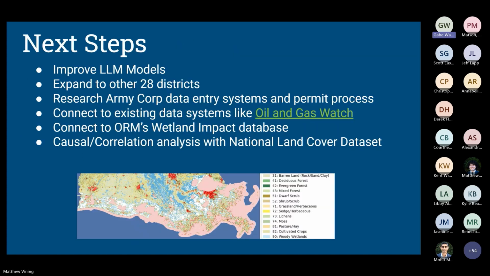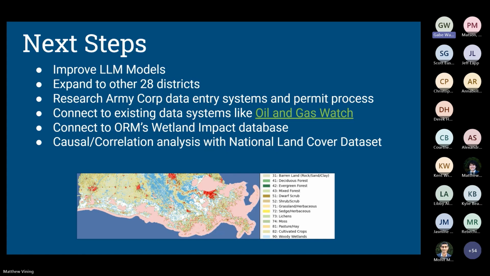So the scope of this project was definitely tailored down to use our resources to focus on those 4 districts in the Gulf area, as well as focusing on oil and gas and identifying the notices which had that information. First and foremost, we've been improving the large language models that have worked to get the data out of these notices along the way, but we know that there is progress to be made, and we can definitely improve the system.